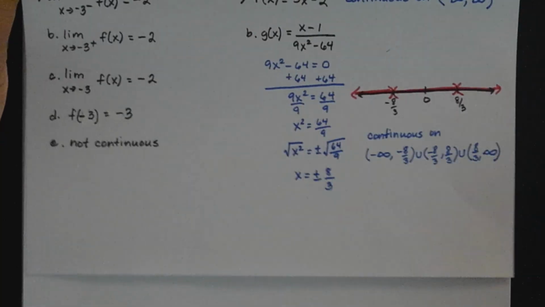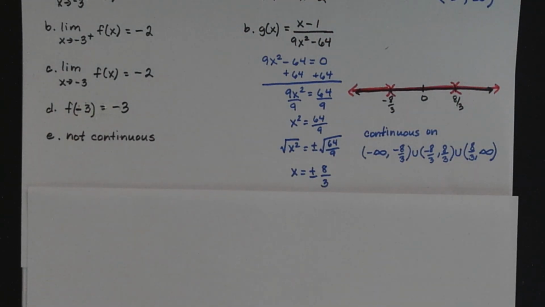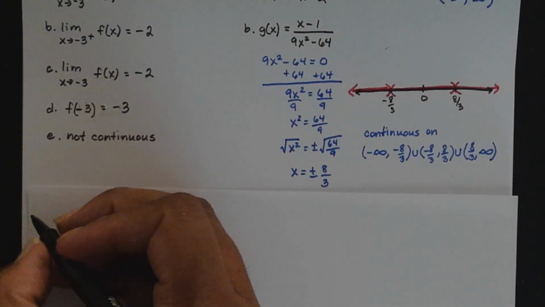And finally, part C. I'll continue this on a new page. Here we got h of x equals the square root of x minus 2.